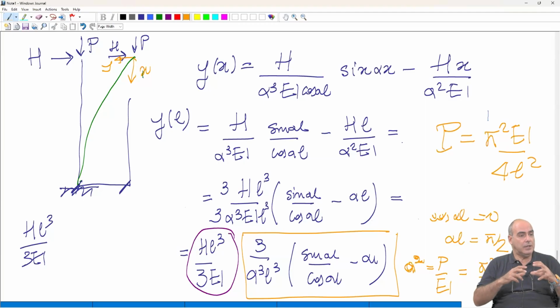We have said the effect of P is to amplify the displacement. So as long as you increase P, your displacement will increase. But as you approach this value, the amplification will become larger and larger and larger. And at a certain point, you will go into a situation where the structure is not able to find its own equilibrium configuration and will collapse.